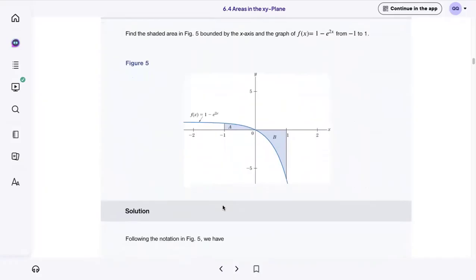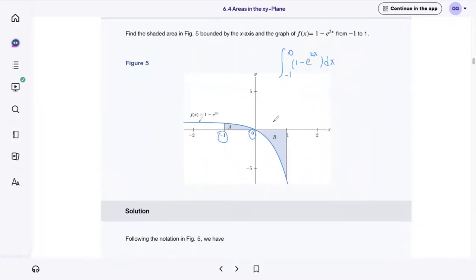Let's see this one. We want to find the area of A and B. Well, region B is below the x-axis, so we know we need to put a negative sign. So from negative 1 to 0, the lower limit is negative 1, the upper limit is 0 for area A. The integrand is 1 minus e to the 2x, then dx.